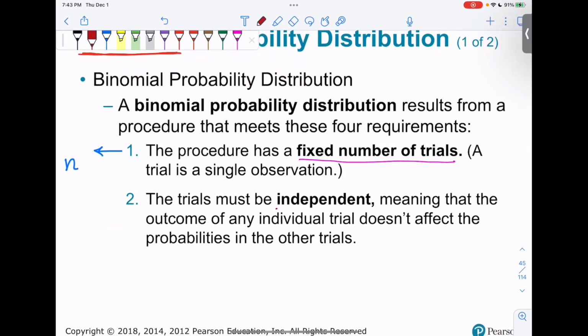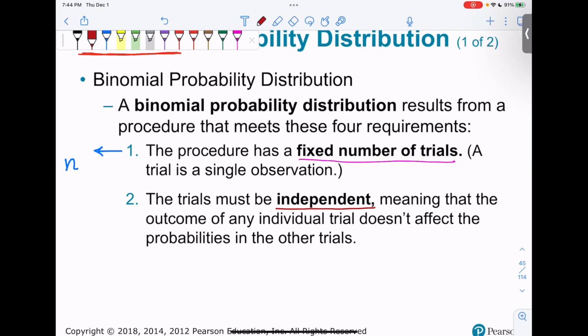Second, the trials are independent of each other. Each trial we consider an experiment. What's the outcome of this experiment? Head or tail, right? Is the second experiment related to the first one? No, right?